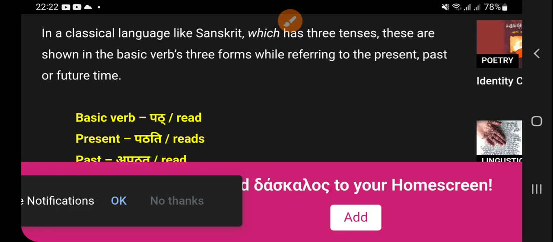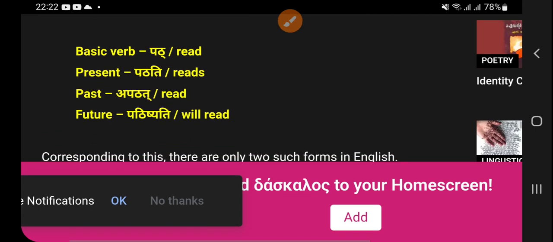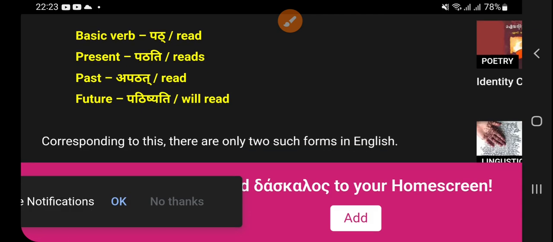Now, in a classical language like Sanskrit, which has three tenses, these are shown in the basic verb forms, referring to present, past, and future. So that is pat, pathati, apathat, pathishyati.